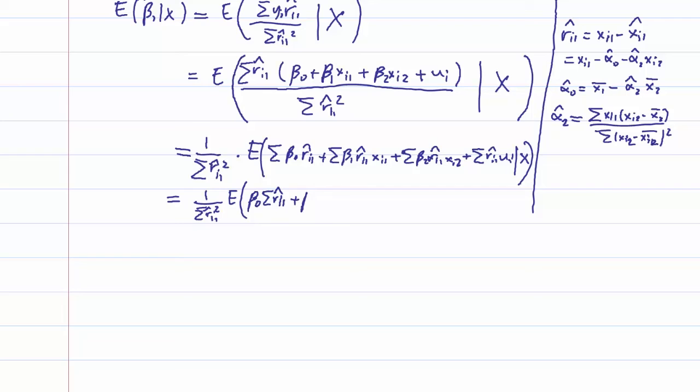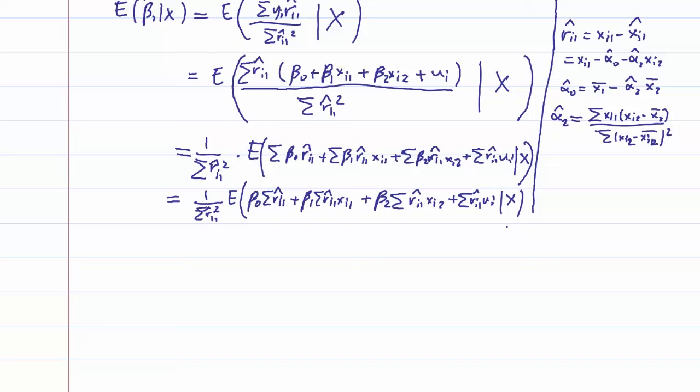Then beta 1 is a constant, beta 1 times the sum of ri1 hat xi1. Beta 2 is a constant, the sum of beta 2 ri1 hat times the sum of ri1 hat xi2, plus, and here there is no constant, so ri1 hat ui conditional on x.